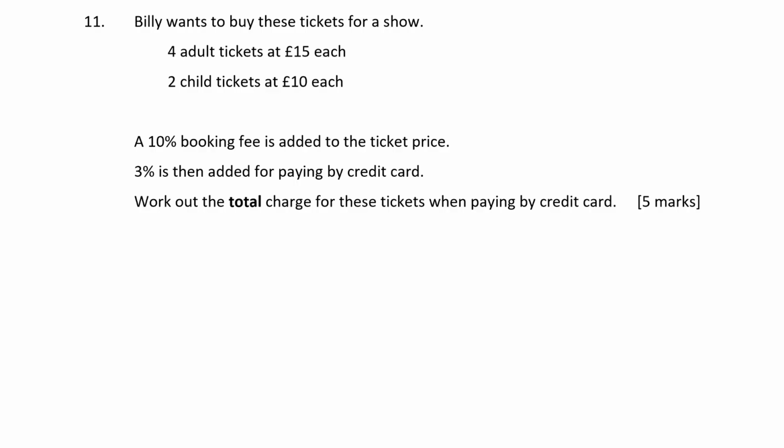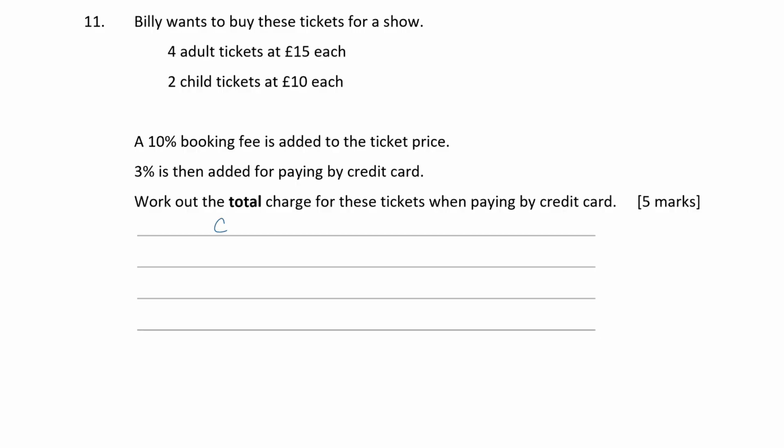Okay, so first off, how much is the total amount to be paid? So cost of tickets. It's going to be my 4 adult tickets at £15 each, plus my 2 child tickets at £10 each. 4 15s are 60, 2 10s are 20.